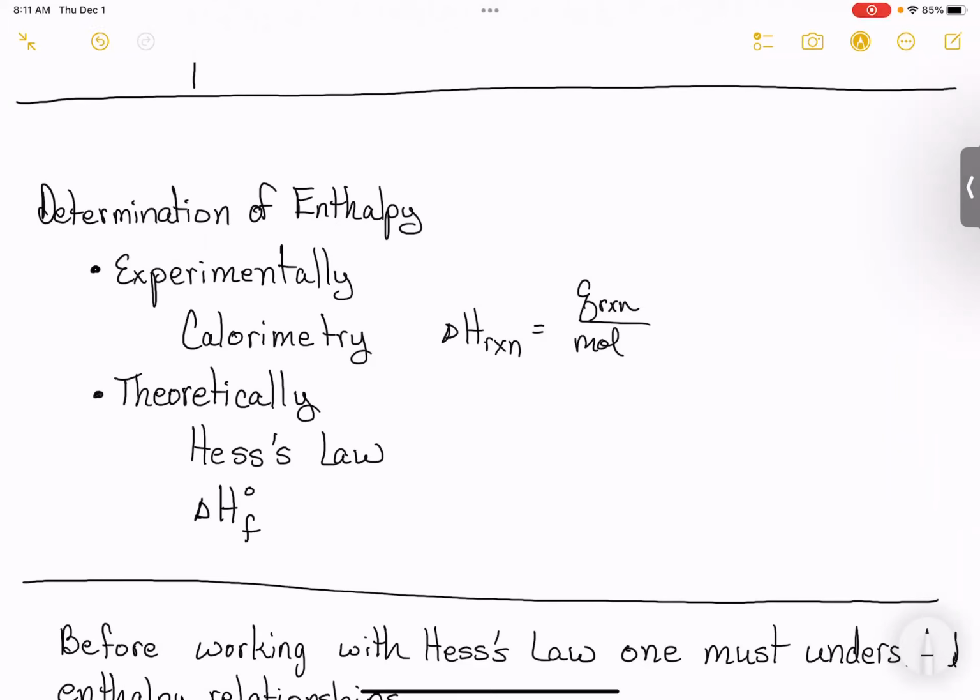And there are actually 3 ways to determine the theoretical, although we're only going to use 2 in this class. To determine the enthalpy theoretically, you can use bond dissociation energies, which is the one we will not be doing. You can use Hess's law, and you can use enthalpies of formation under standard conditions. These will allow you to determine the enthalpy theoretically, to determine whether you want to go to the lab and actually do the experiment.